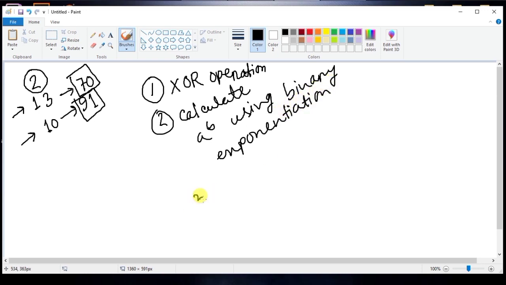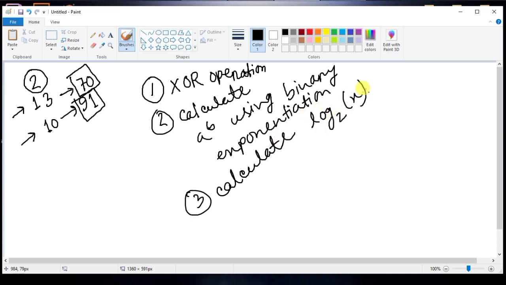And thirdly, you need to know how to calculate log base 2 of x. These are the three things you need to know to solve this problem. You can pause the video and take a note.